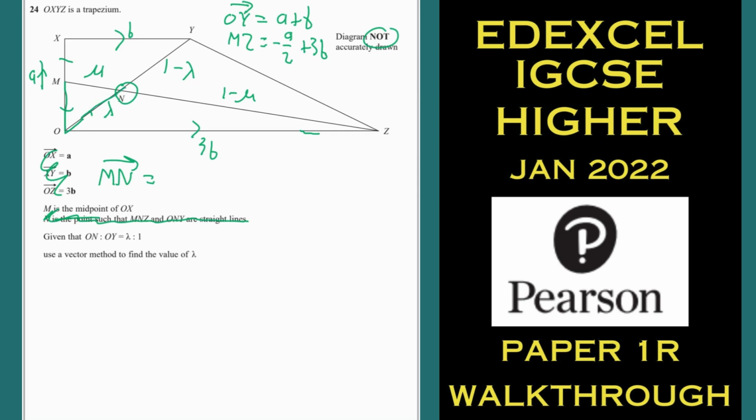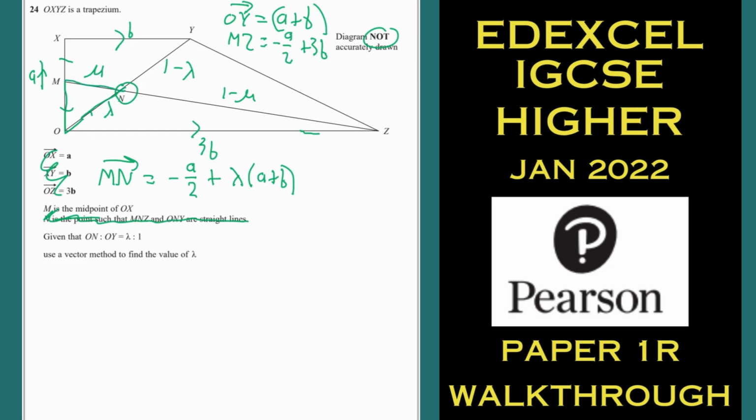So we go minus a half A and we go a bit of OY. That bit is lambda lots of OY. Then you've got to say, is there another way of getting from M to N? Yeah, there's the more direct approach here.